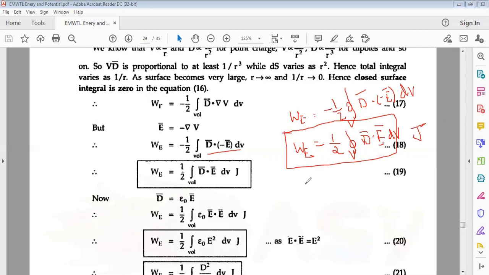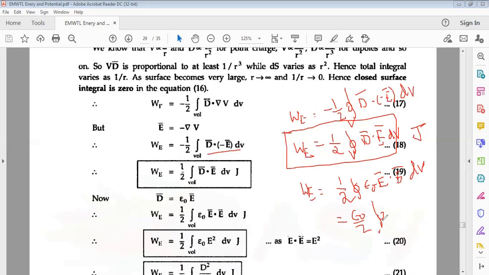The joule is the work done, the energy stored. W in terms of E bar only is 1 by 2 the volume integral, where D bar is equal to epsilon naught into E bar, so epsilon naught E bar dot E bar dV.